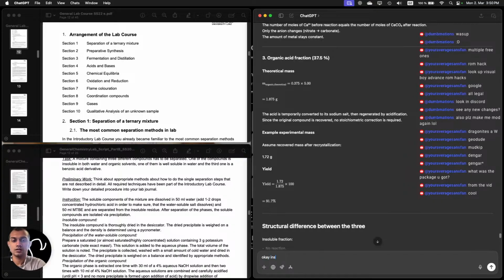Okay, instead of assuming the mass of the mixed compound being 5 grams, just say it's m theoretical, m initial. Let's just keep them as variables.